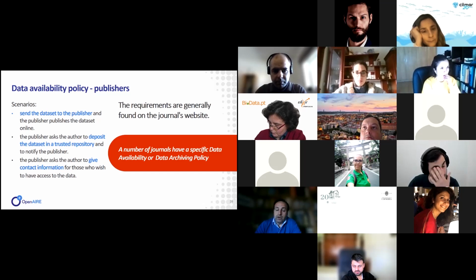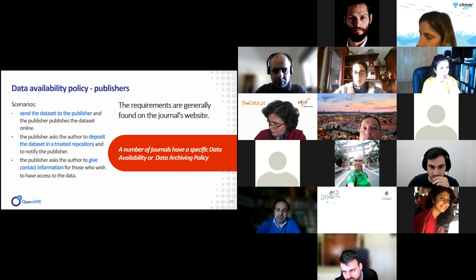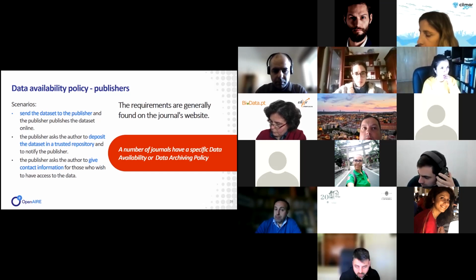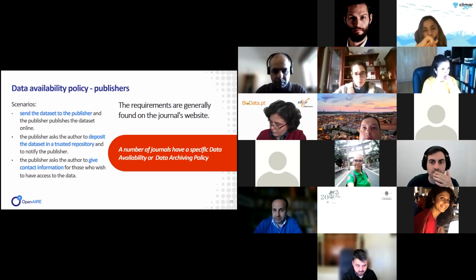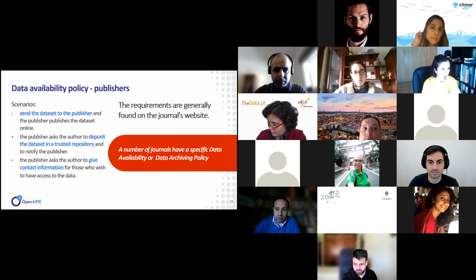So this is a kind of alert that using specific data repositories or specific services from the publishers may not be the best solution to ensure that you have full control of your data sets. Some of you are aware that we lose a bit the control of the publications.